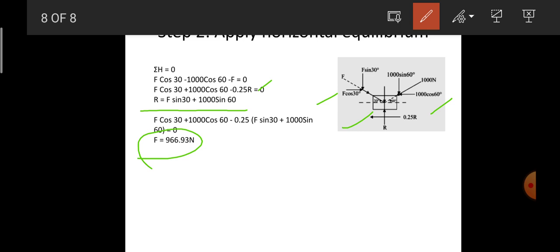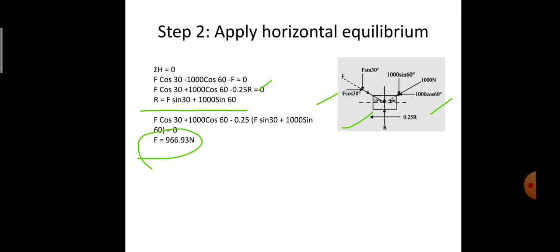This is the amount of force which is responsible for the object to impend in the upward direction of the plane. So this is how we are supposed to calculate the magnitude of the forces in both cases: down the plane and up the plane.